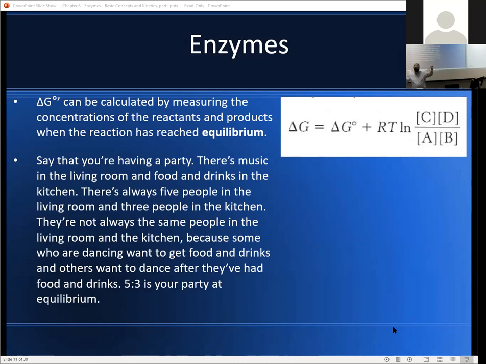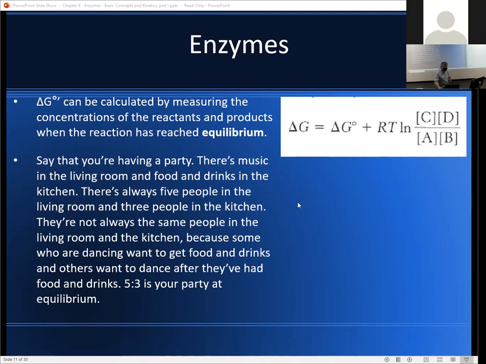There might be some people in the living room dancing to the music that want to go to the kitchen to eat. There might be some people in the kitchen who've already eaten and they want to go back to the living room to dance. However, when your party is at equilibrium, at any given time, there's 5 people in the living room, 3 people in the kitchen, although people are constantly going back and forth and it's not always the same people. That's what equilibrium is like.